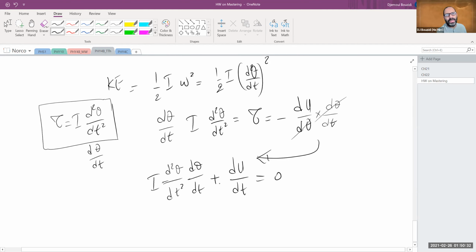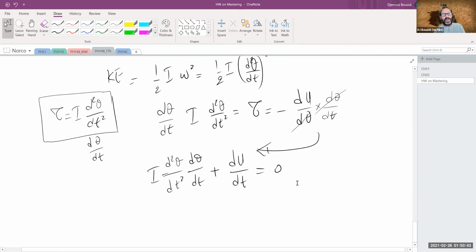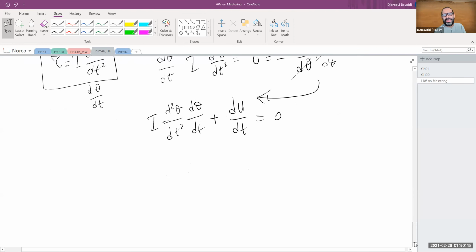Move it to the other side, it's going to be a positive dU over dt. Yes? Am I losing people so far? Okay. Now integrate this expression side by side. The integral of 0 is going to be a constant on the other side.